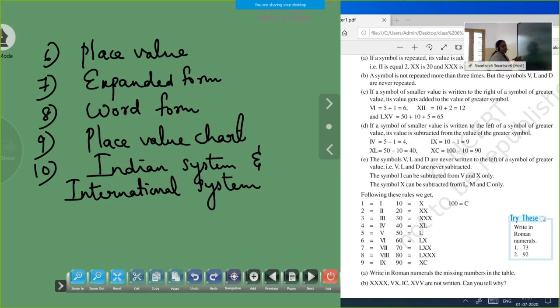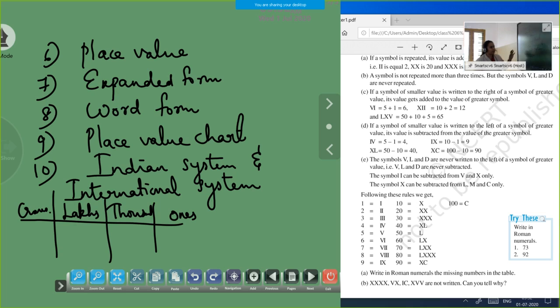In the Indian system, the place value chart starts with the ones, then what, children? Then thousands, then lakhs, then crore. These are the Indian place value system.